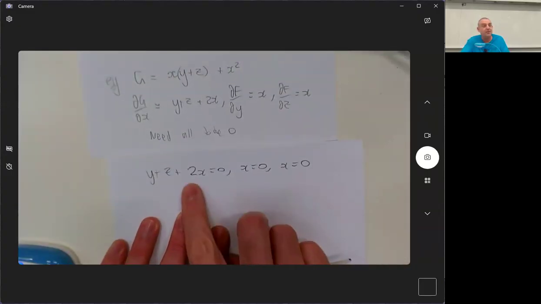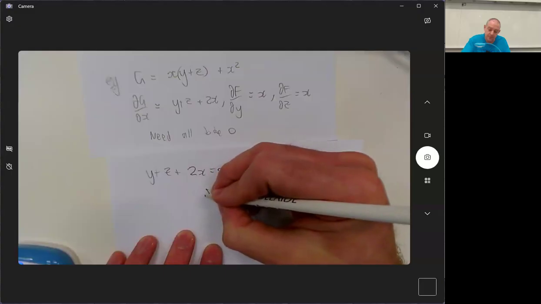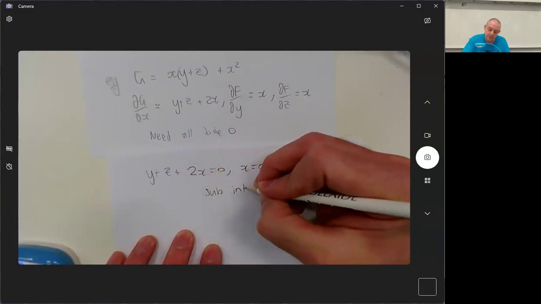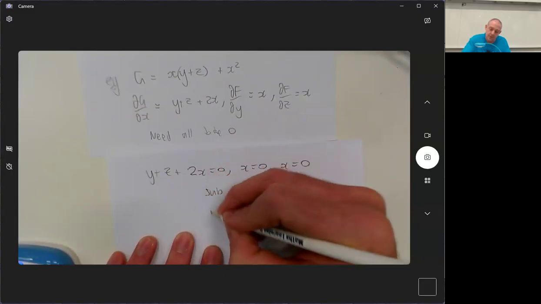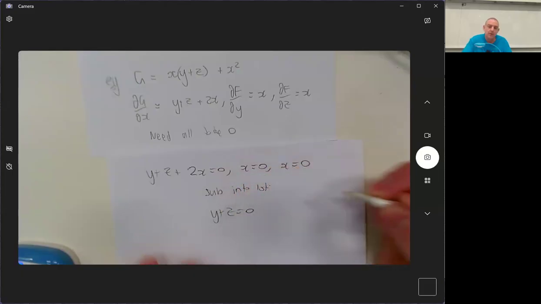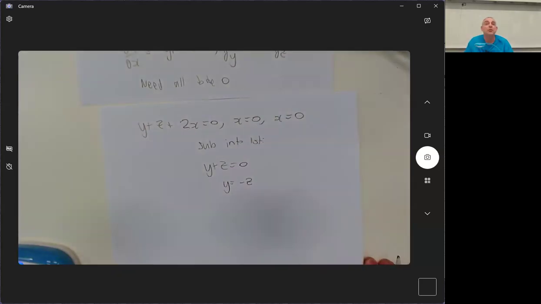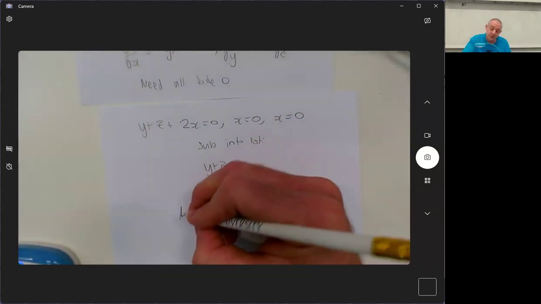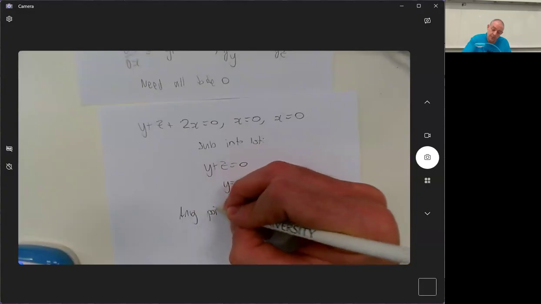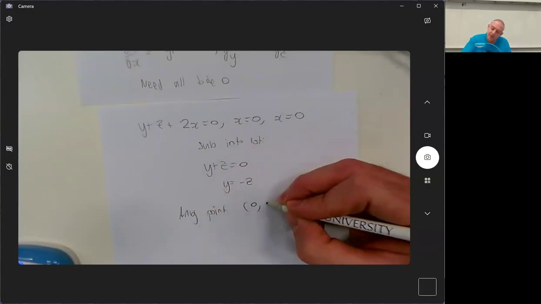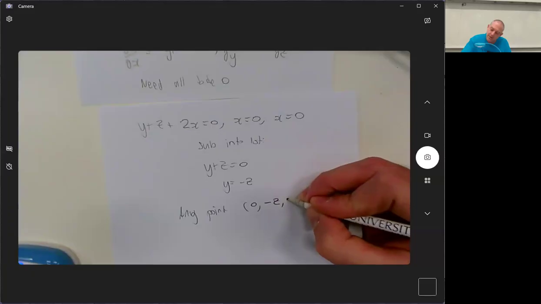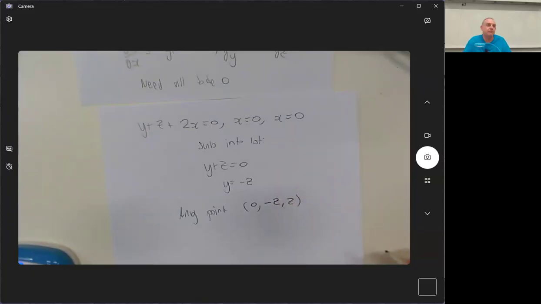And I can sub these into there. y plus z equals 0. And so I get y is equal to minus z. And that's the best I can do. And so any point that has 0 for x and minus z for y and z for z is one of those places.